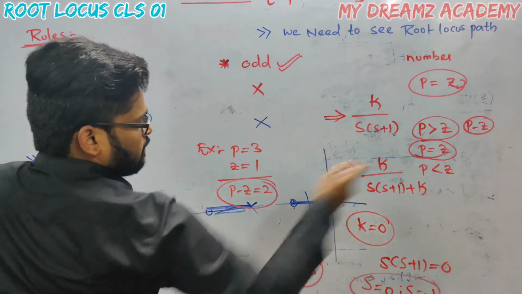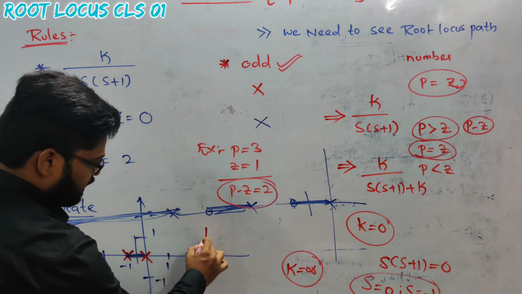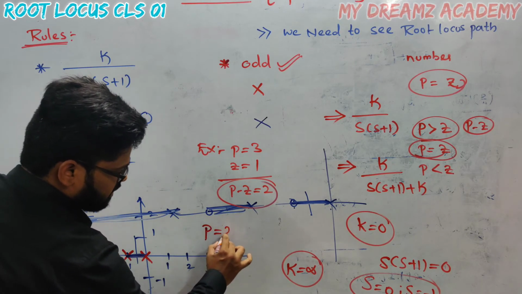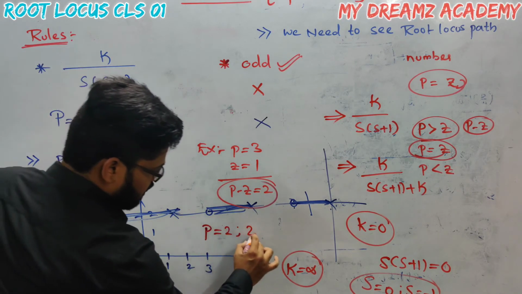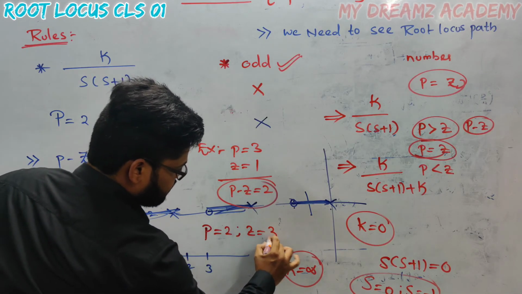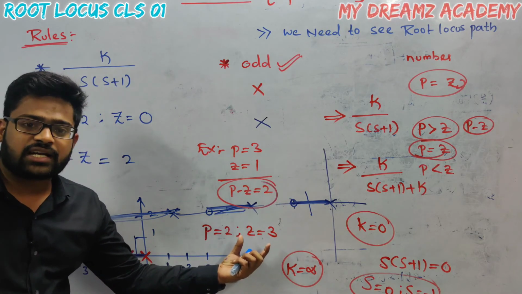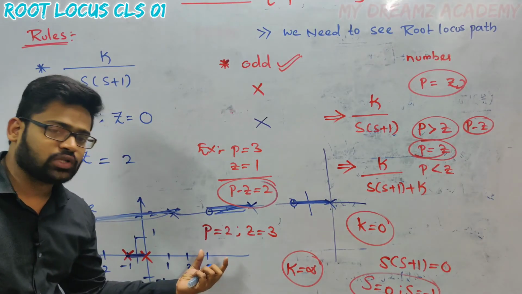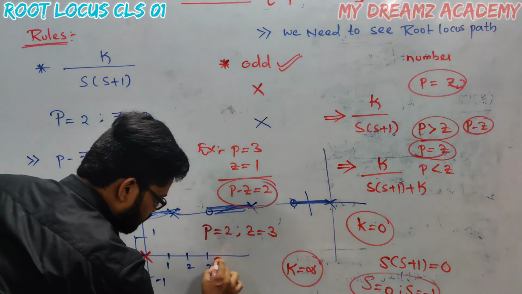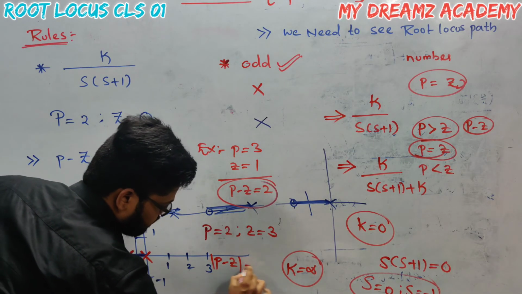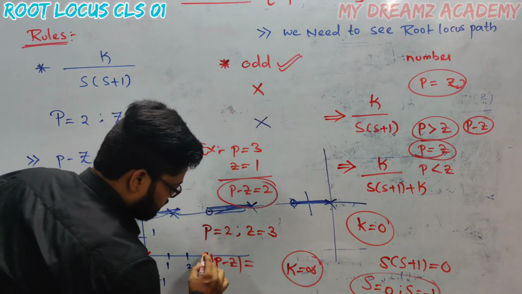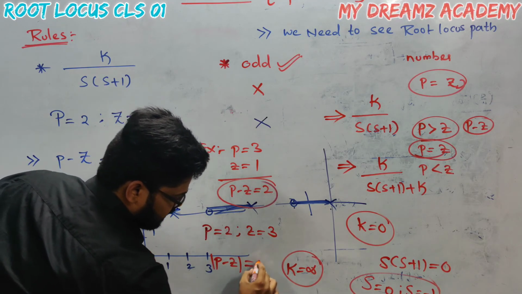Similarly, last condition, let us consider the number of poles equal to 2 and the number of zeros equal to 3. Here the number of zeros is greater than the number of poles. So P minus Z is 2 minus 3.